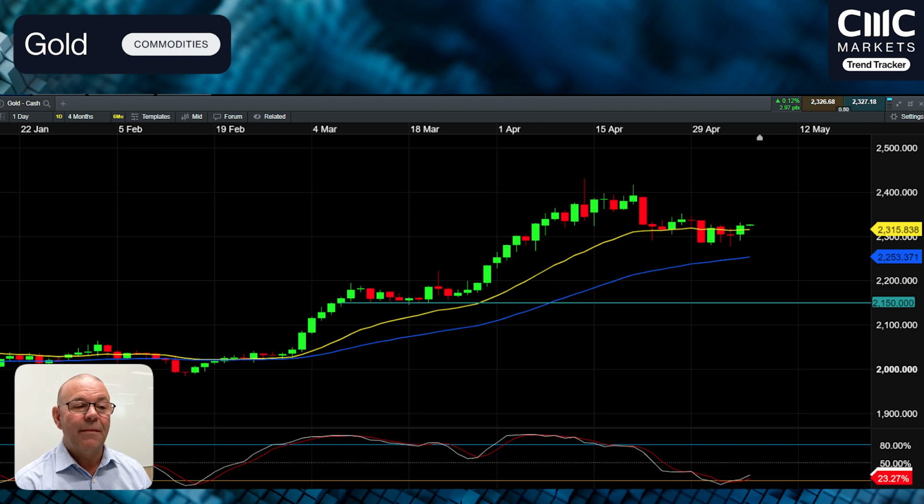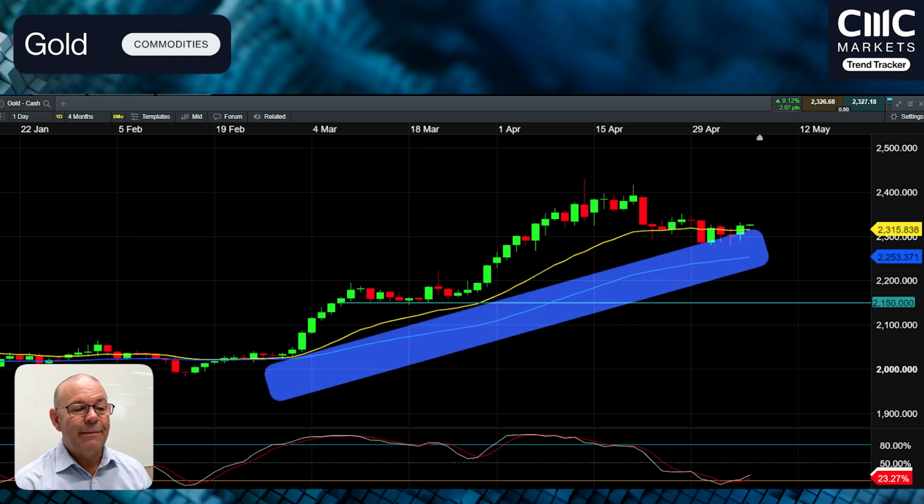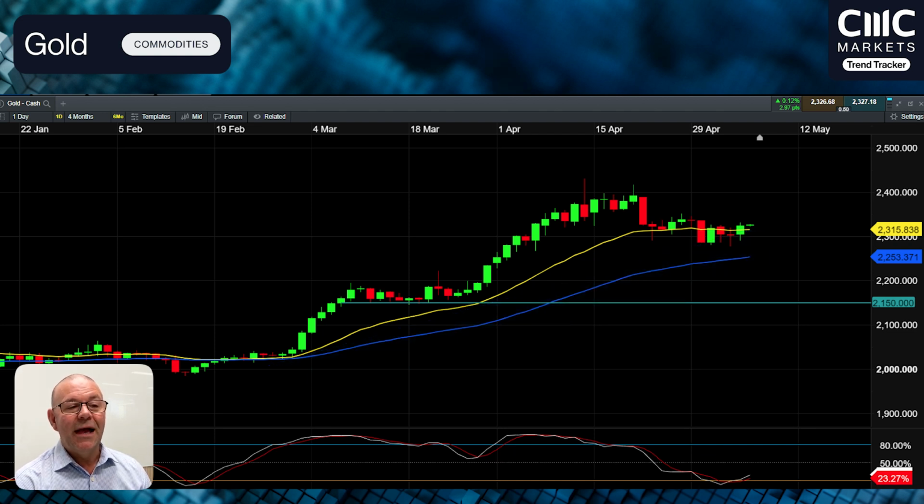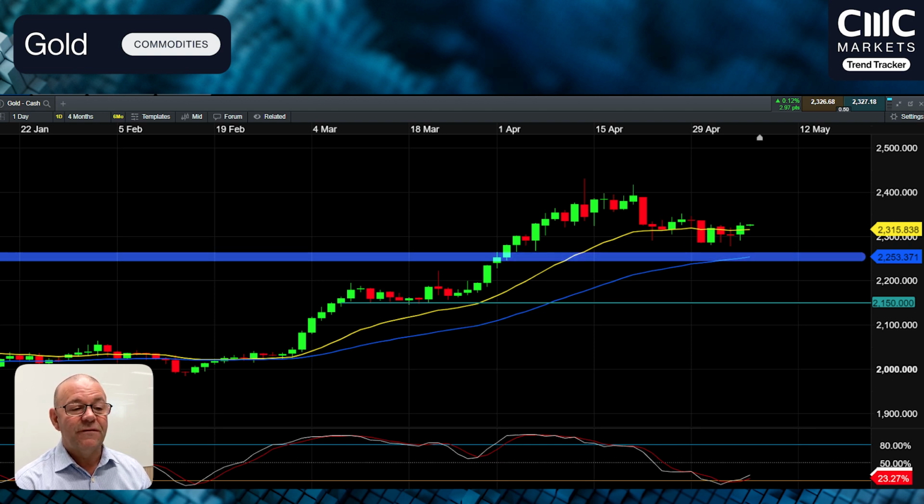The 50-day EMA has been quite a strong level of support across 2024. You can see here the uptrend remains in place with the 20 EMA in yellow above the 50 EMA in blue, and regaining momentum as the stochastics oscillator bounced out of oversold territory. So from here, the trend is strong. It's an uptrend in gold. Support levels which would likely attract buyers on a dip are 2,250, which is the 50 EMA.